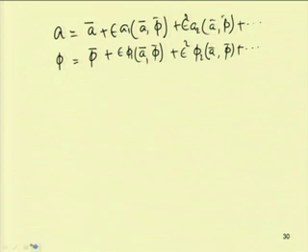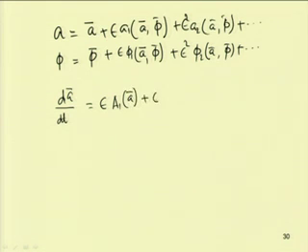One can write the equation in this form: dA bar by dt equal to epsilon A1, which will be a function of A bar, plus epsilon square A2, which is a function of A bar. Also one can write some higher order terms. Similarly, one can write d phi bar by dt.